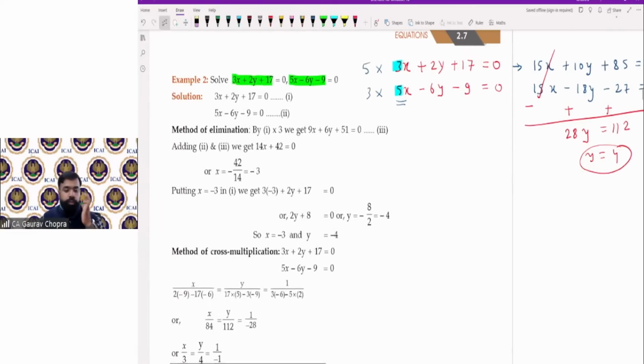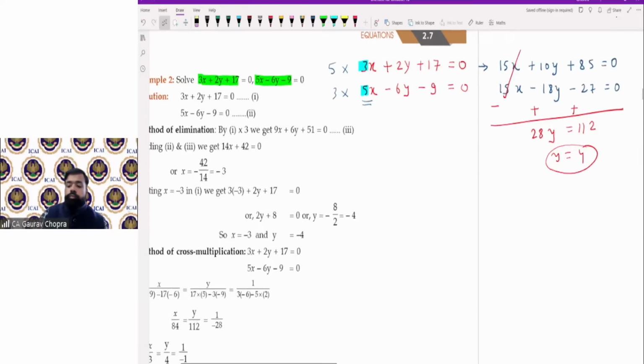So come on, everyone. Let's find the value of x as well. And here it will be negative sign because we have sent 112 on other side. So value will be negative.